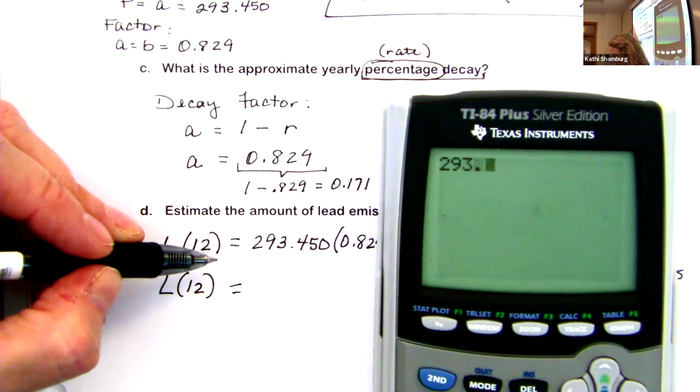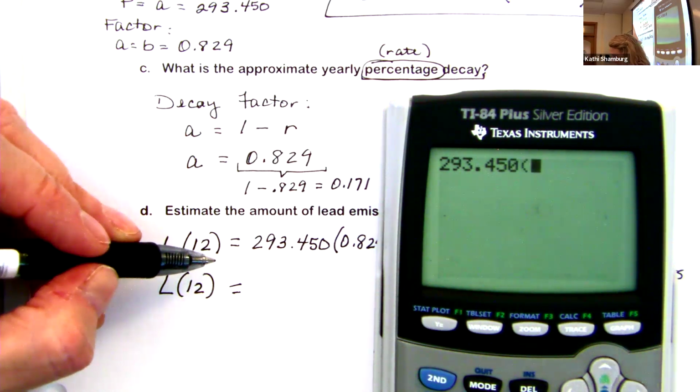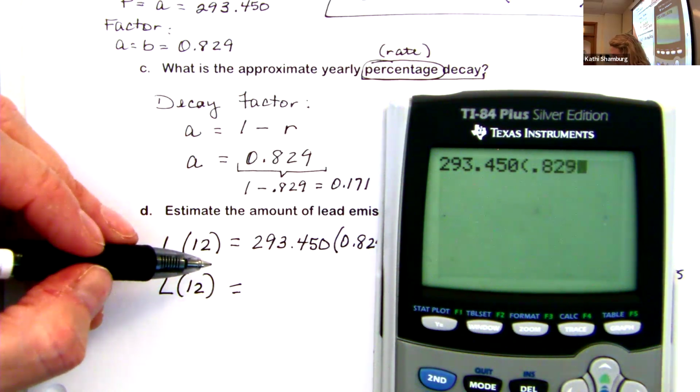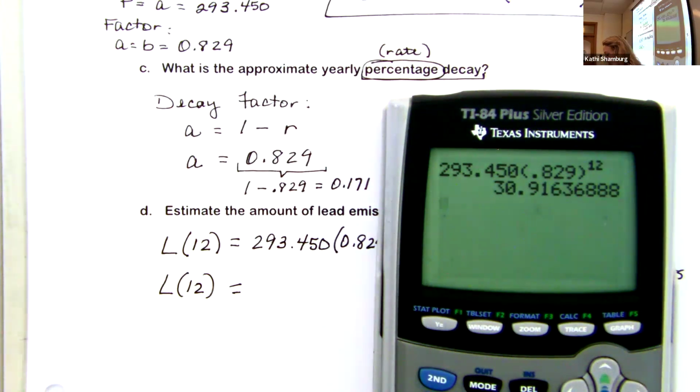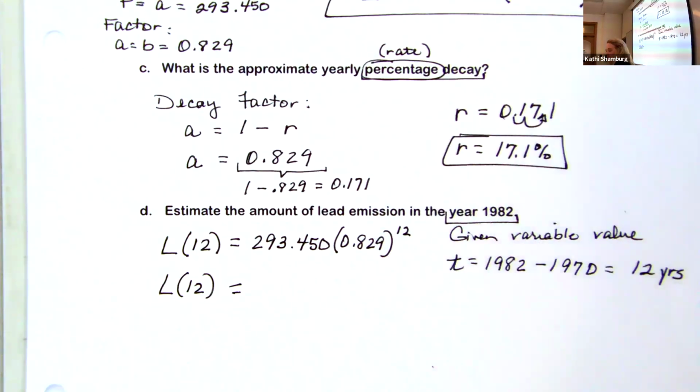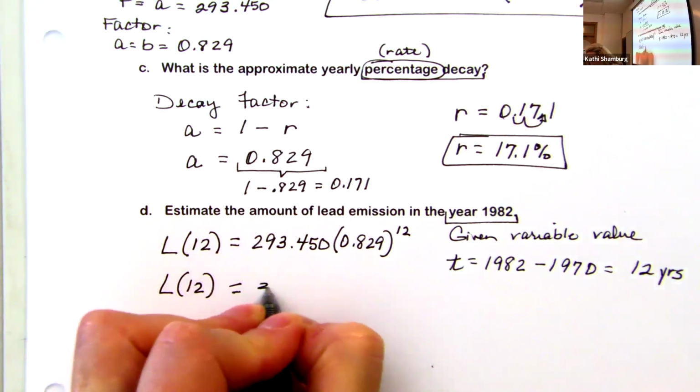293.450 times 0.829 raised to the 12. I get 30.916. Yes. Is that what you guys got? Okay, so what are we talking about here?